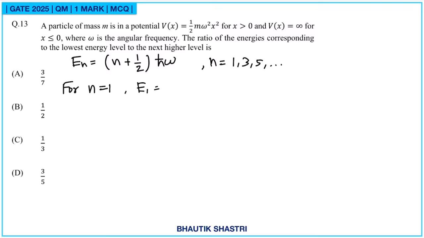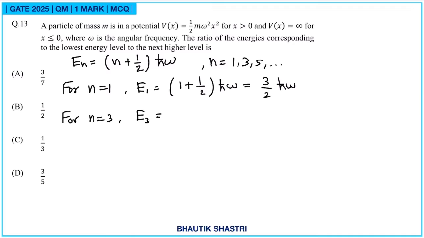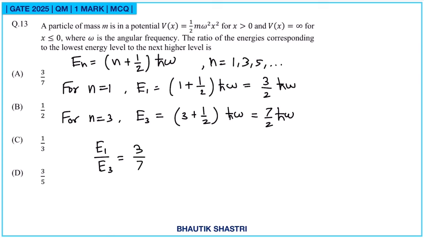So E1 is equal to (1 plus half) h cut omega, and that is 3 by 2 h cut omega. And next higher level is n is equal to 3. So E3 is equal to (3 plus half) h cut omega, and that is 7 by 2 h cut omega. And their ratio is E1 by E3, and that will be 3 by 7. So option A is correct.